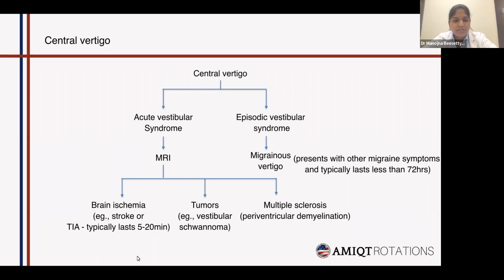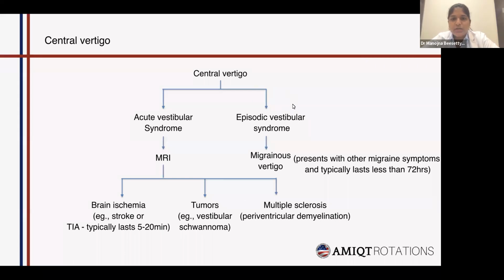The brain ischemia presents as stroke or TIA, which typically lasts for about 5 to 20 minutes. And the tumors are seen, which could be resected or treated accordingly. The multiple sclerosis presents with periventricular demyelination, which when presented acutely could be treated with steroids. To maintain it, we could administer interferons.